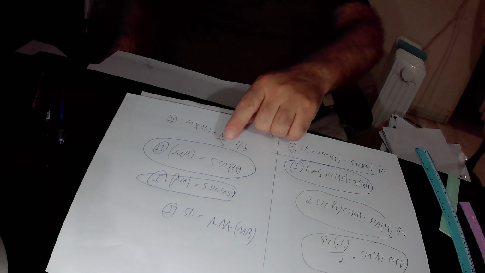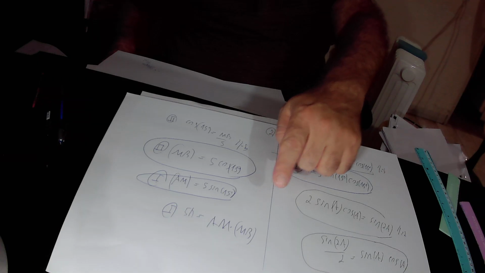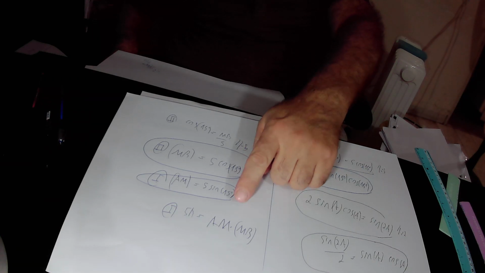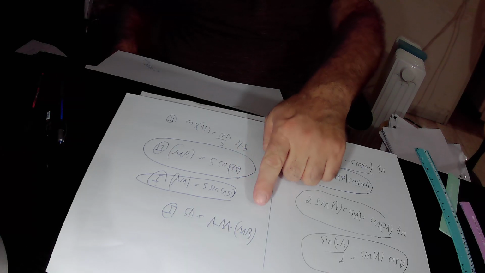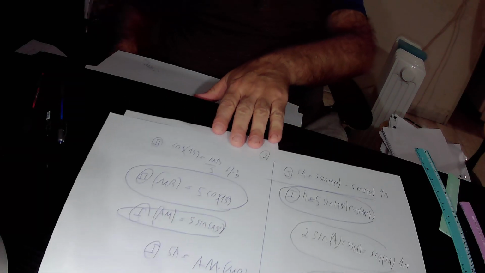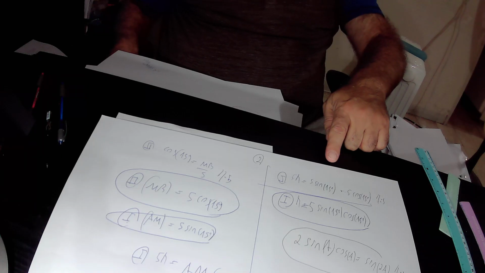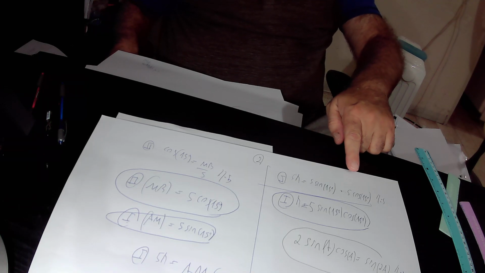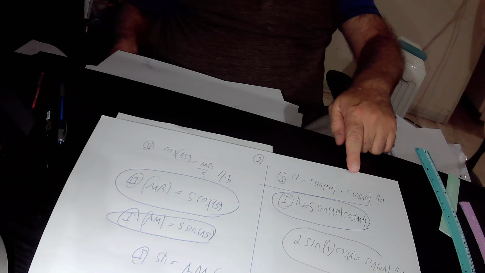According to equation 1, 5H equals AM times MB. So we can substitute AM by 5 times sine 15 degrees and MB by 5 times cosine 15 degrees. In total we get that 5H equals 5 times sine 15 degrees times 5 times cosine 15 degrees.